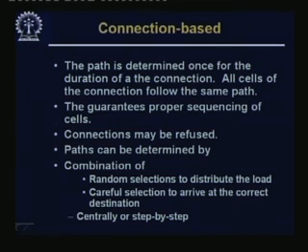And what you might do is a random selection amongst the paths to distribute the load, careful selection to arrive at the correct destination. This selection can be done either centrally or in a step by step fashion, as is done in a delta network.